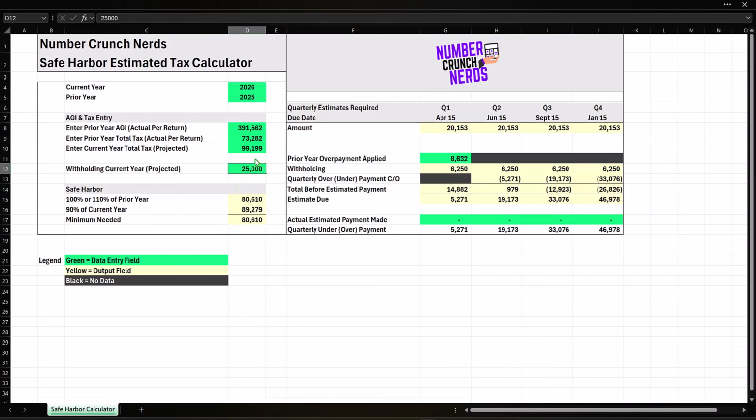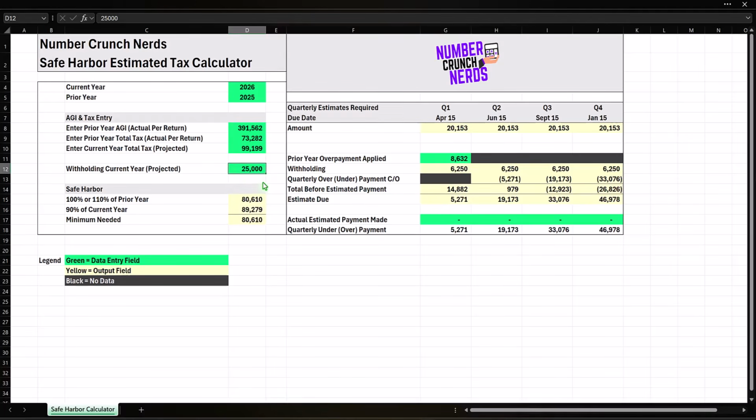But what if we had much larger transactions in Q1? Let's say that our actual withholding for Q1 wasn't $25,000, but instead was $100,000. If our withholding was $100,000, again, this is a Q1 actual, not an estimate for the whole year, and 25% of this actual number, which is $25,000 now, plus the overpayment from the prior year is enough to cause the number in cell G15 to become negative, then we are safe.